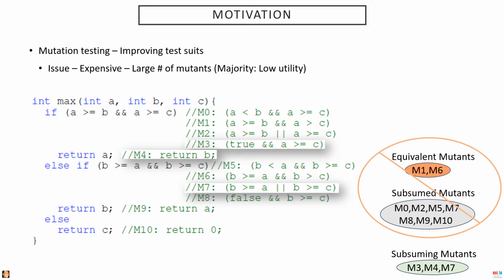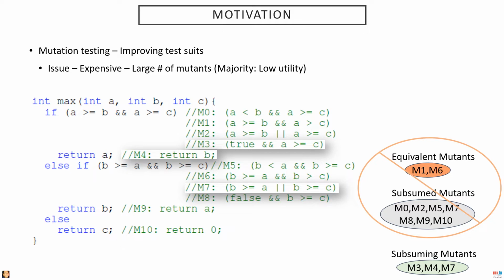Now, a problem here is that majority of mutants are redundant and are of low utility. In this example, 8 mutants out of 11 are such cases in which 2 mutants are equivalent, meaning that they behave the same as the original program and hence are of no use.